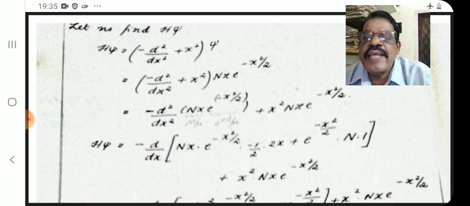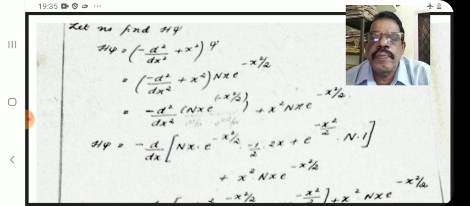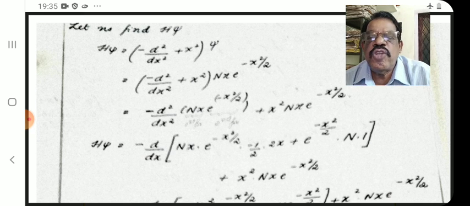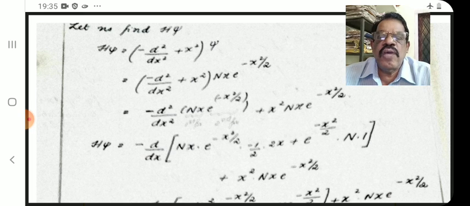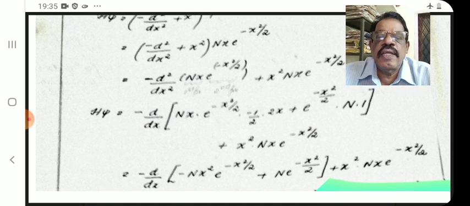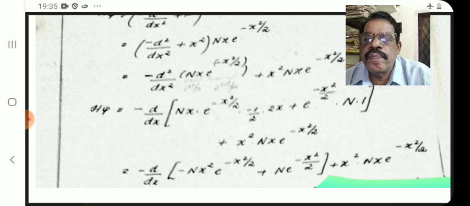We take nx as the first function and e raised to minus x square by 2 as the second function. So first function into derivative of second. Derivative of e raised to minus x square by 2 is e raised to minus x square by 2 into minus 1 by 2 into 2x. Plus second function into derivative of first. The second function is e raised to minus x square by 2, into the derivative of the first function nx, which is n into 1. The second term, once we have differentiated, we write as such, no change.